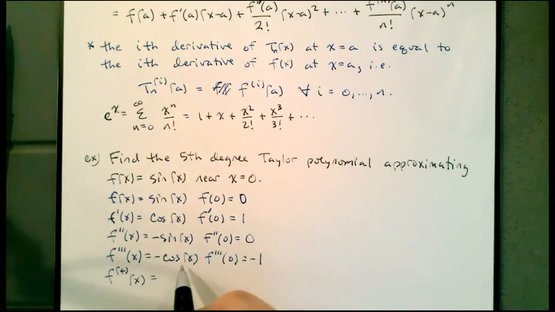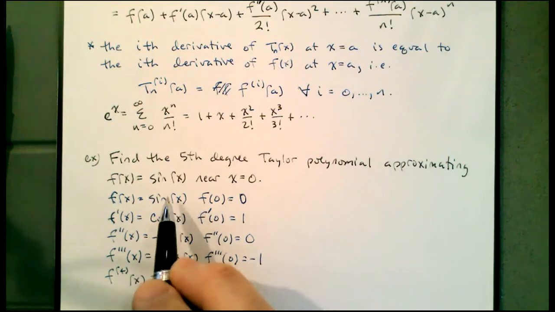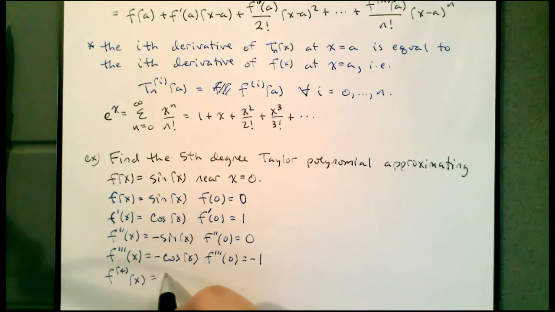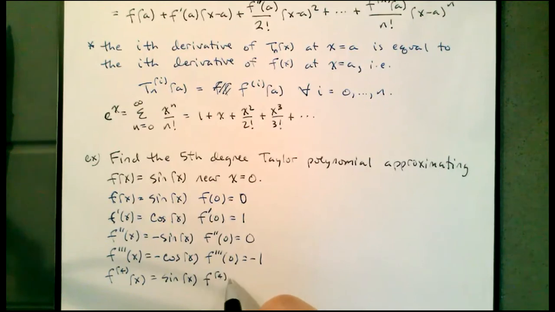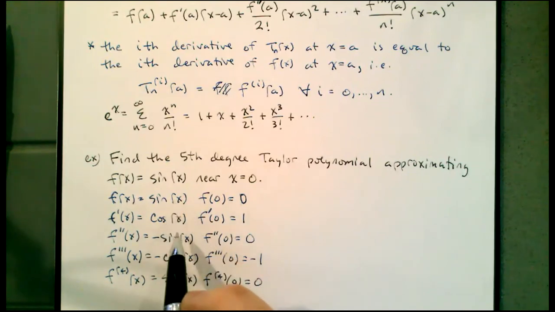The derivative of negative cosine, we're at the fourth derivative and we started off at sine, we're back to sine, and we're just going to go in circles now. The fifth derivative of sine is, since the fourth derivative is back to being sine, the fifth derivative is going to be the cosine.